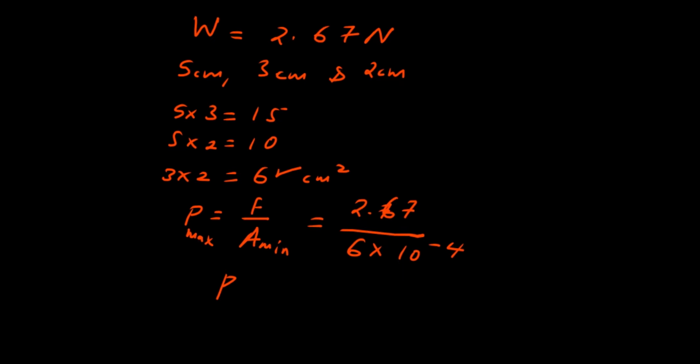So we can have the final answer by just keying in the whole of that into the calculator. The answer is 4,450 pascals. And of course, we're going to say it's pascals because the force was in newtons and the area was converted to square meters.